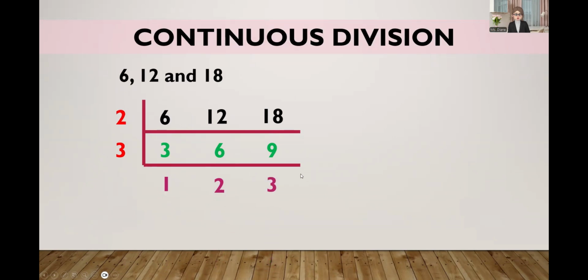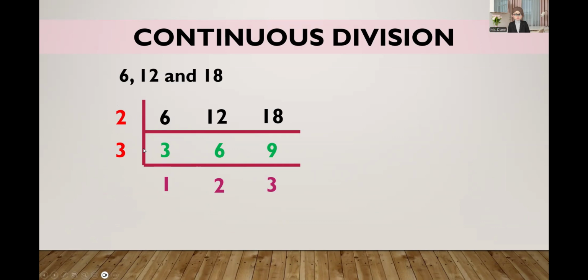Here we have a different approach. Remember in the GCF, in continuous division, we multiply the divisors, or the numbers on the left side.